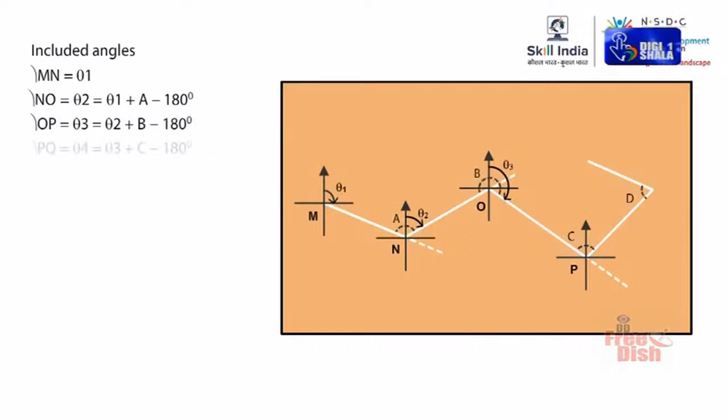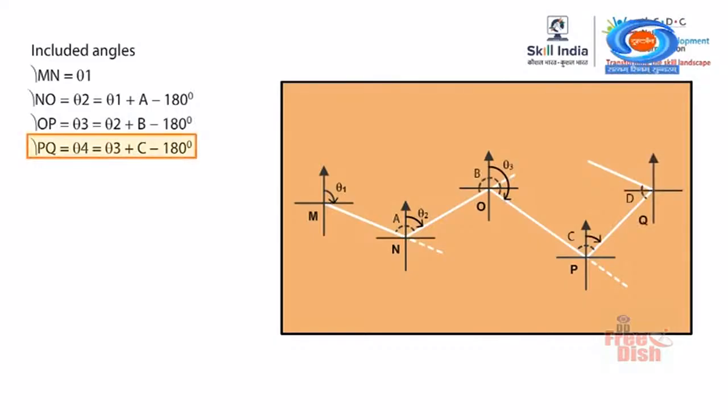In the same way, the bearing of the next survey line PQ, that is theta 4, is equal to theta 3 plus C minus 180 degrees.